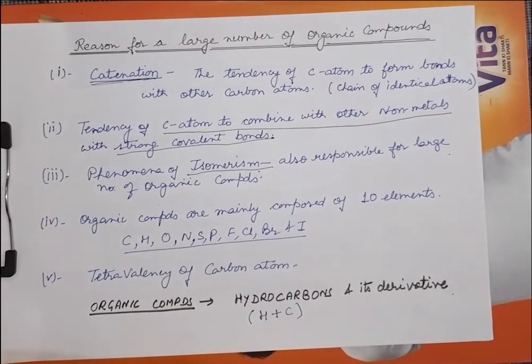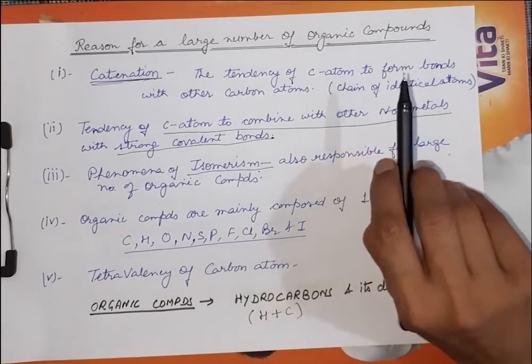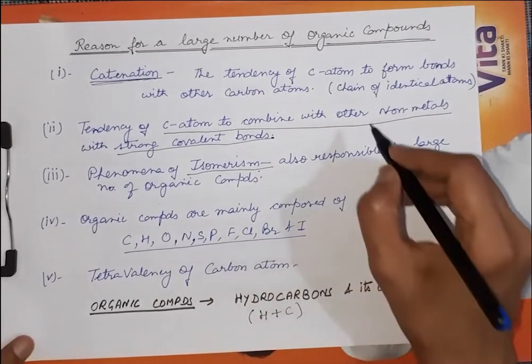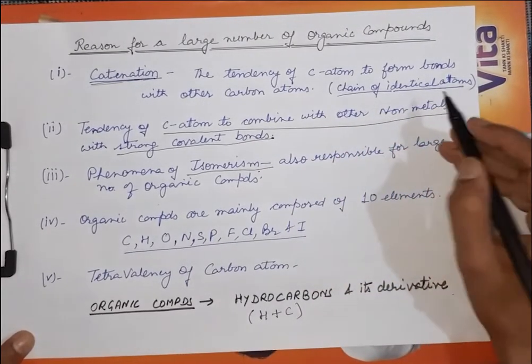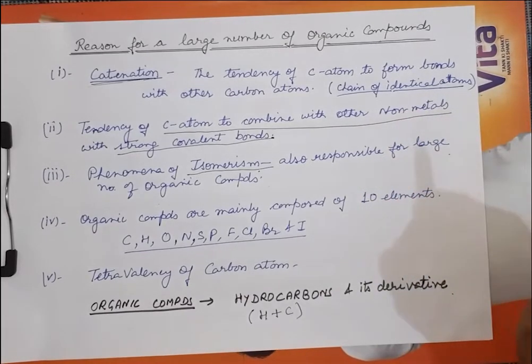Carbon forms very strong covalent bonds with other carbon atoms, and in this way it is able to form long chains of carbon atoms. This unique tendency is called catenation, and because of this there are a large number of organic compounds. We can say catenation is the formation of a chain of identical atoms.